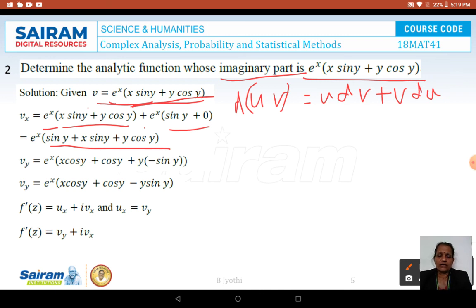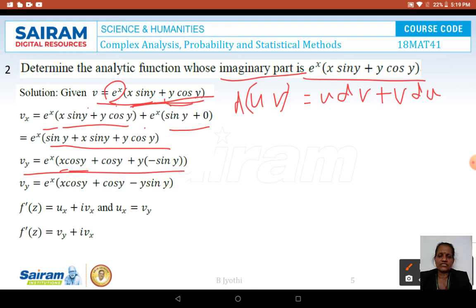Now let us do the differentiation with respect to y. What is Vy? When we take e to the power of x into this, there is no product rule because e power x is treated as constant. We need to differentiate with respect to y only. When we differentiate this, x is again constant. The derivative of sin y will become cos y.